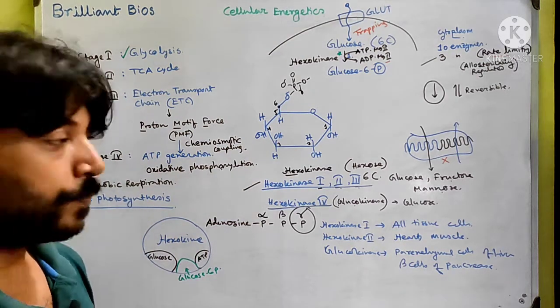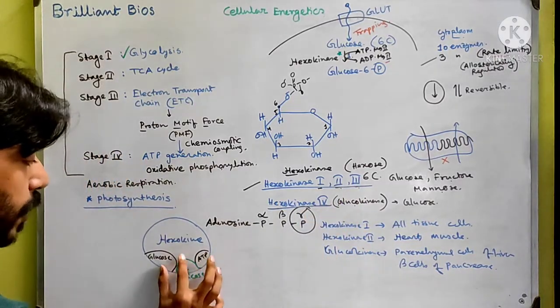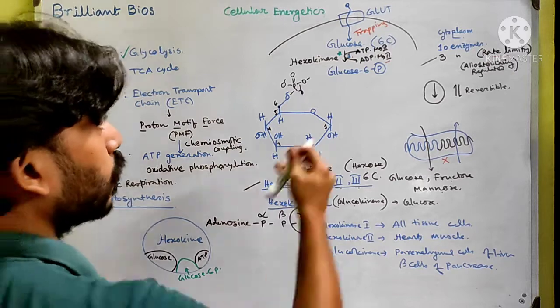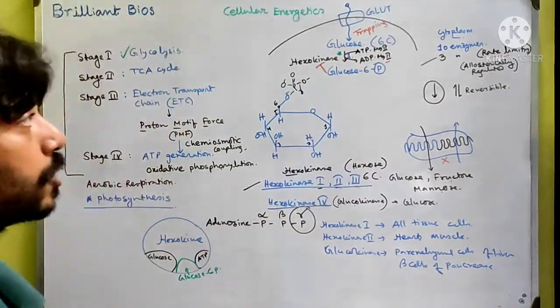Now there is a difference. Hexokinase 1, 2, 3 have this allosteric binding site and can be inhibited. So this glucose 6-phosphate actually inhibits this hexokinase.